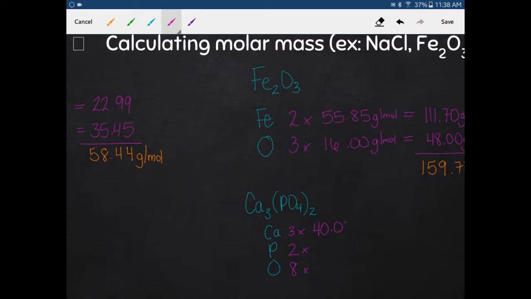So calcium has an atomic molar mass of 40.08. Phosphorus has an atomic molar mass of 30.97. And oxygen again is 16.00.